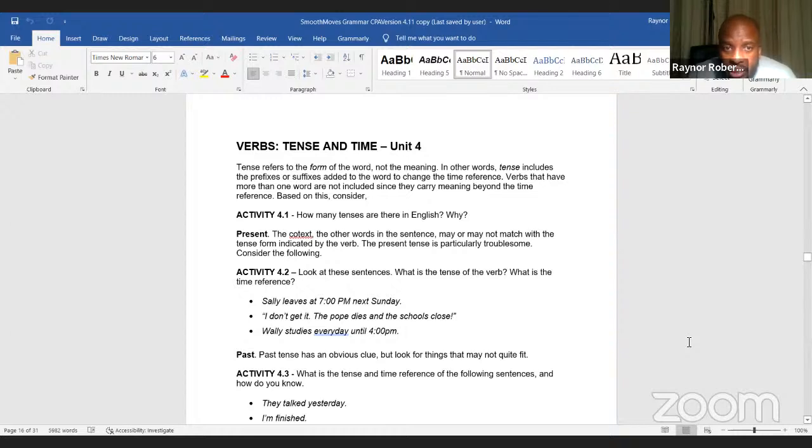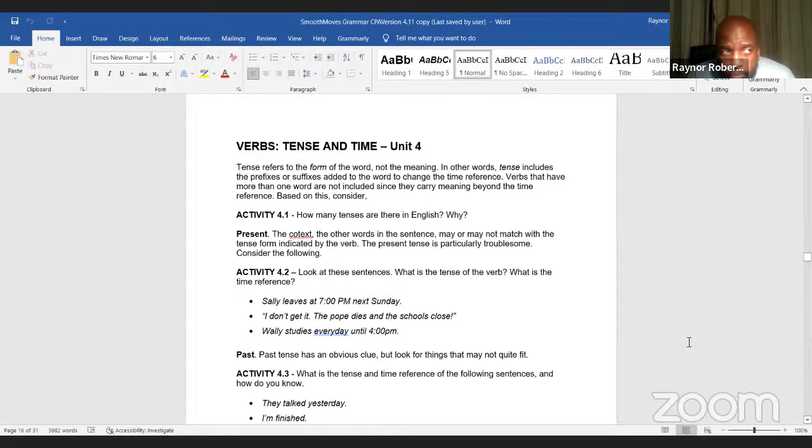So again, the whole point of this activity is to reinforce the idea that at the end of the day, this doesn't matter. We're not putting our students, our learners, through a grammar boot camp, even if it's English for academic purposes. Now, that doesn't mean that we don't point out grammatical points, because we should.